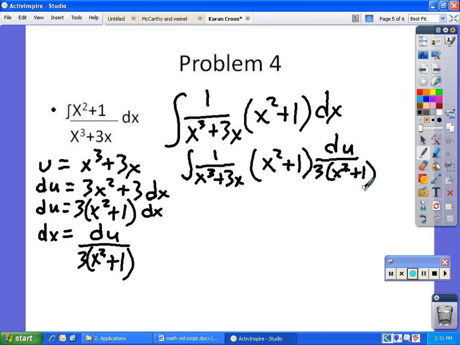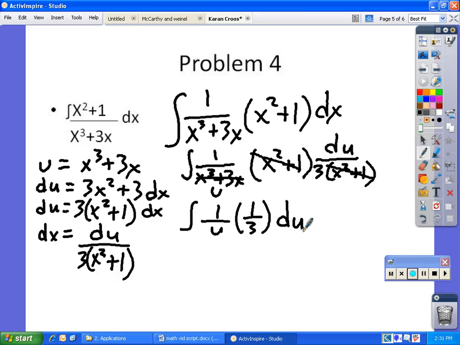Here the x² + 1 cancels out, and then x³ + 3x is the u, and then you get 1 over u times 1/3 du.